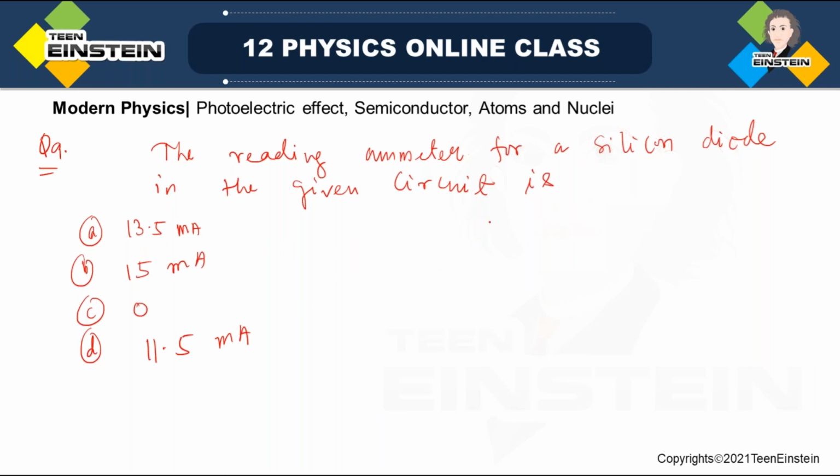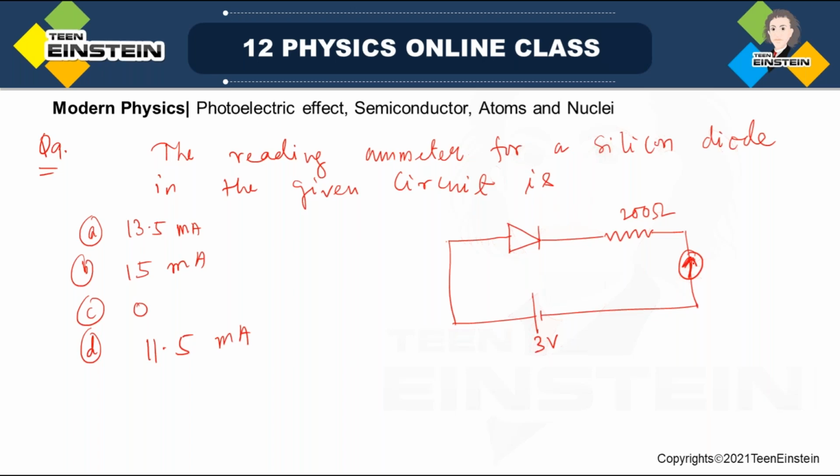Okay, so the circuit has a 200 ohm resistor, the battery is given as 3 volt, and the ammeter is connected like this.